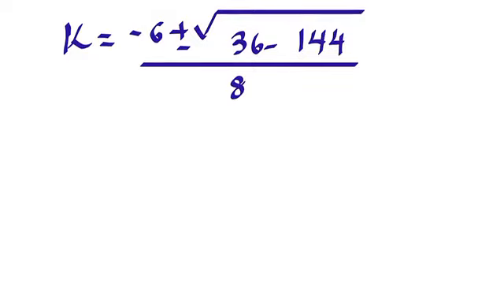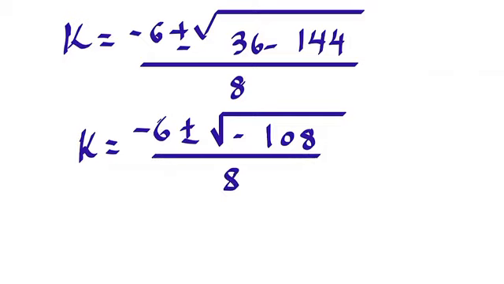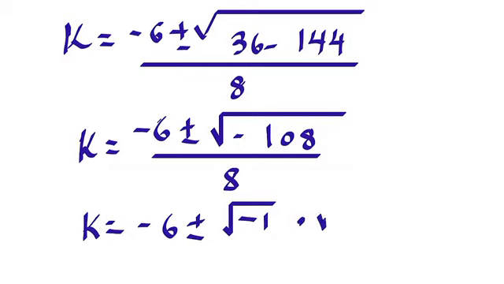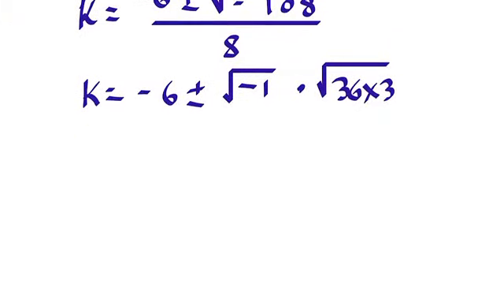So from there, k equals minus 6 plus or minus the square root of 36 minus 144, that will be minus 108, all divided by 8. So we have k equals minus 6 plus or minus, then we can split this as minus 1 multiplied by the square root of 108, which can be split as 36 multiplied by 3. Understood? Divided by 8.